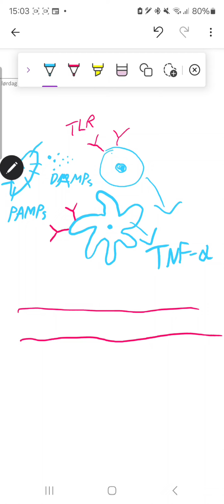And this cytokine is pro-inflammatory, which means it will stimulate inflammation. And the way it does this is, first off, it will stimulate the endothelial cells, which line our blood vessels, and the space between them will become bigger as a result of stimulation by this cytokine.